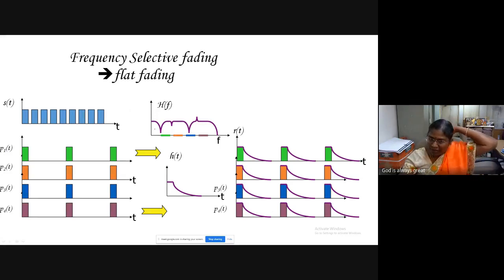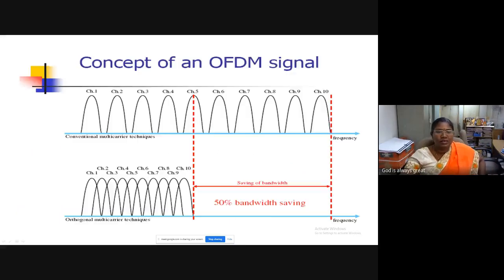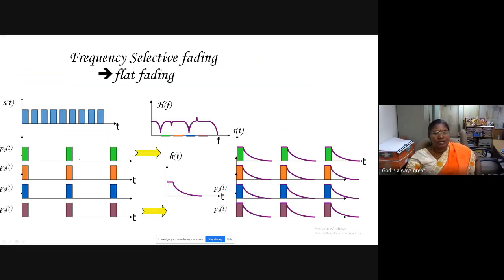That's the reason you use serial to parallel converters. Once you have done that, green is for frequency F1, orange is for another frequency, blue is for another frequency. So that is your multi-carrier modulation.